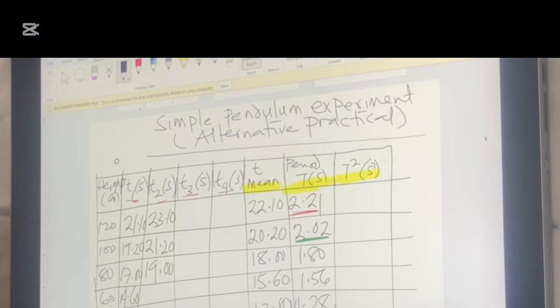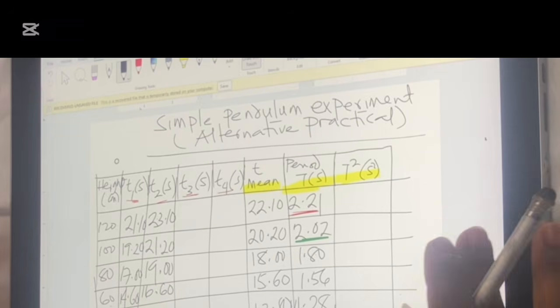So the next one, 2 times 15.60 is 31.2. 31.2 minus 14.60 gives 16.60.